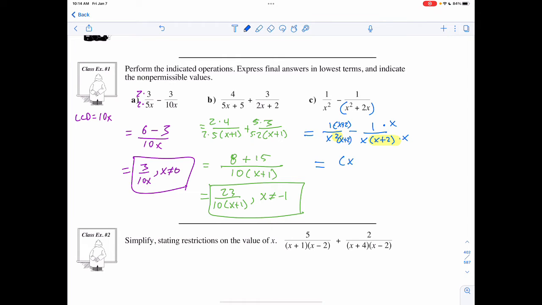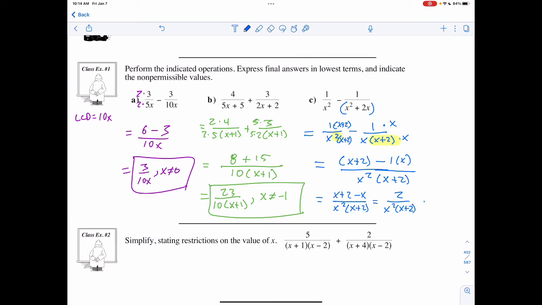So I have x plus 2 minus 1 times x all over x squared times x plus 2. This is the same as x plus 2 minus x all over x squared times x plus 2, which I can simplify just to 2 over x squared times x plus 2.